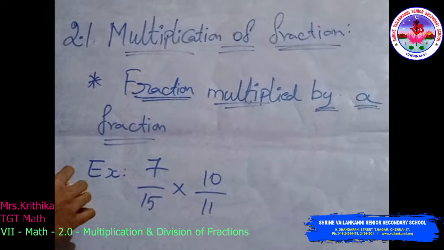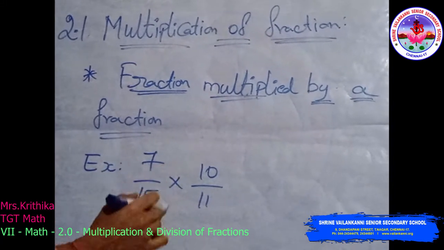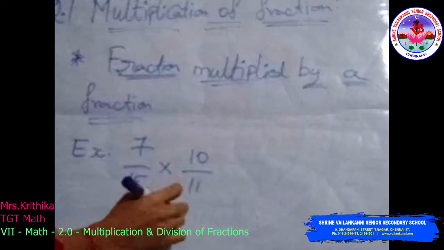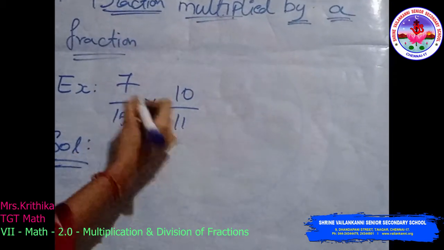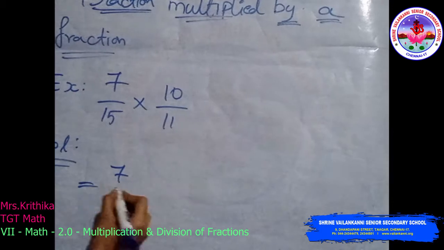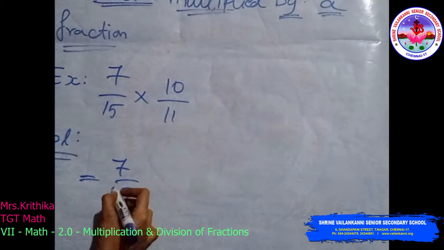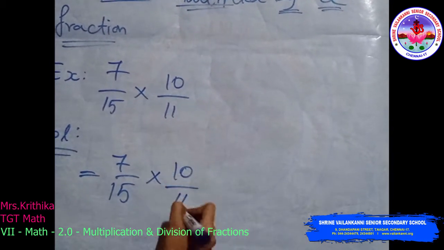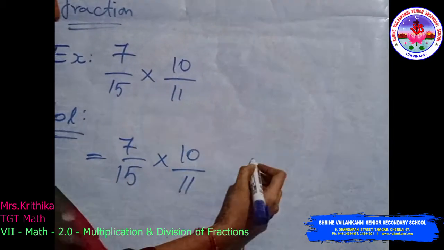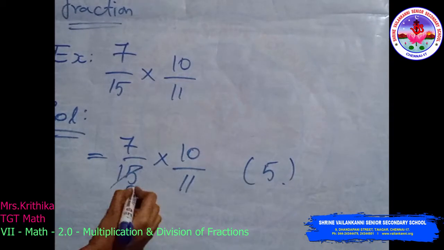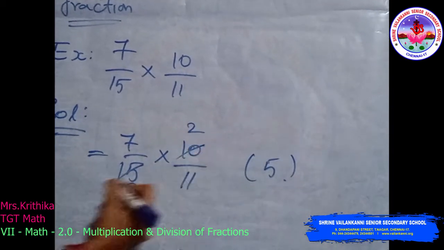Next example, 7 by 15 into 10 by 11. Solution: these two numbers are fractions, 7 by 15 into 10 by 11. First, using the cancel out, the common factor here is 5. This is 3 times, this is 2 times.